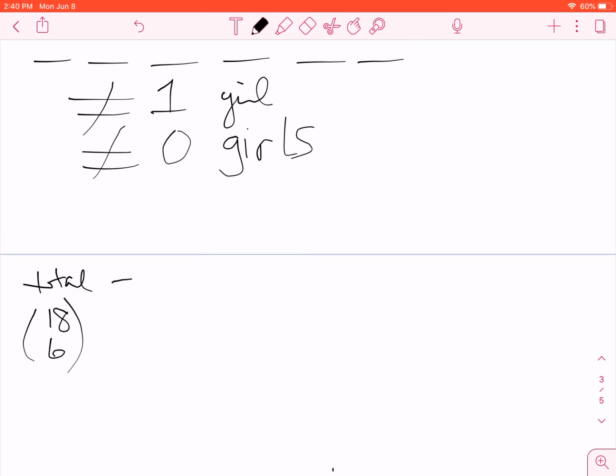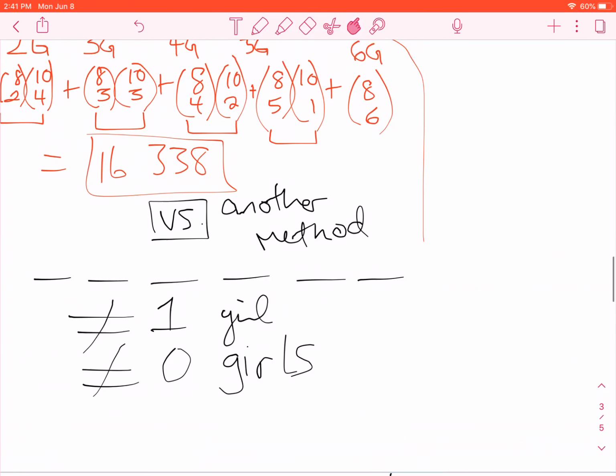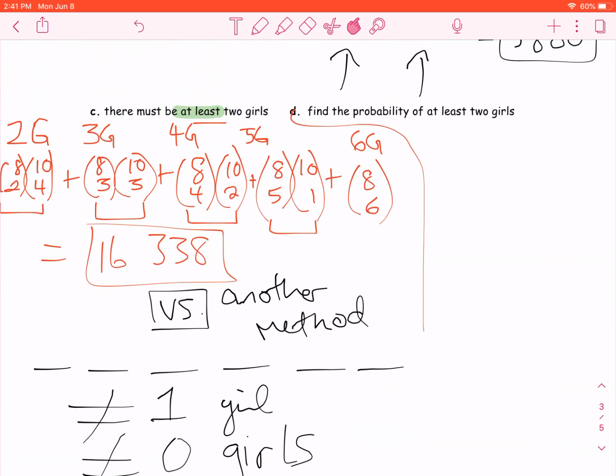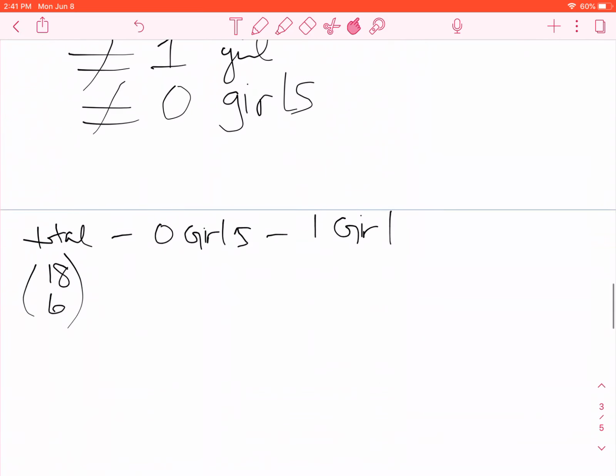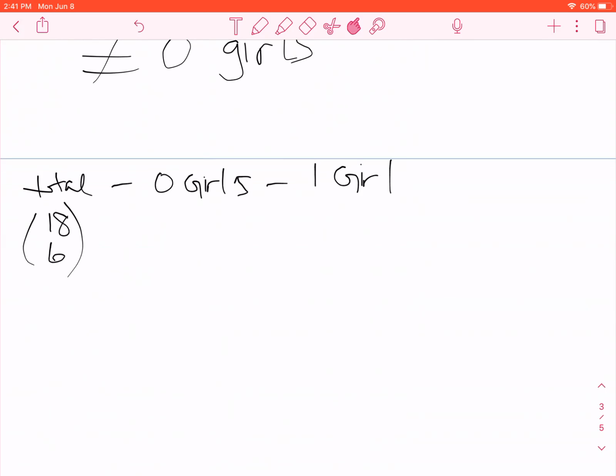We're going to subtract what happens when there's 0 girls, and also subtract what happens when there's 1 girl. What's left behind will then be the answer we're looking for, because what's left behind are all the other combinations: 2 girls, 3 girls, 4 girls, 5 girls, and 6 girls, right? That's what's left over if I subtract the 2 situations that we don't want from the total.